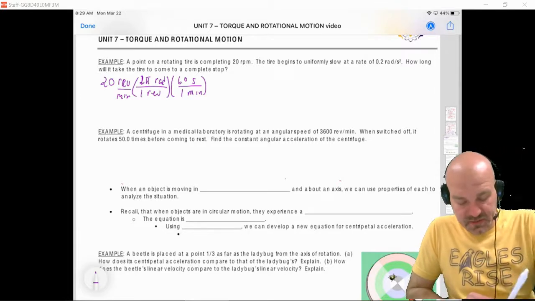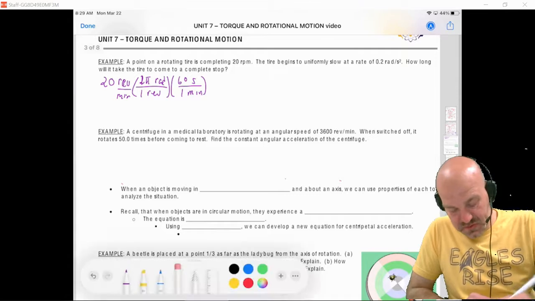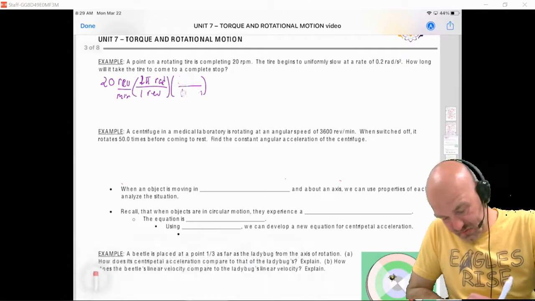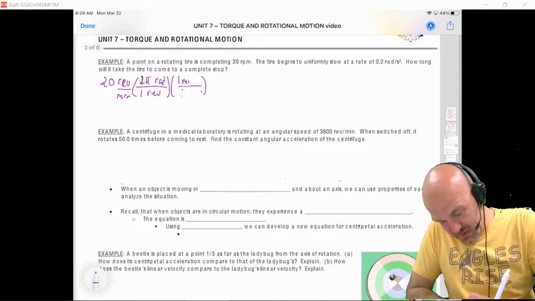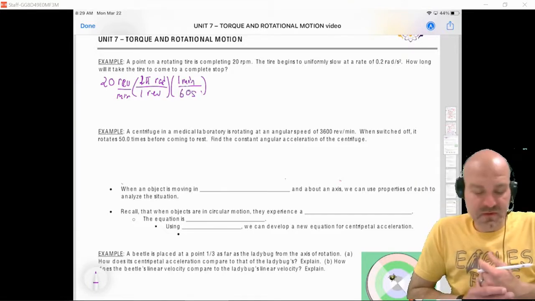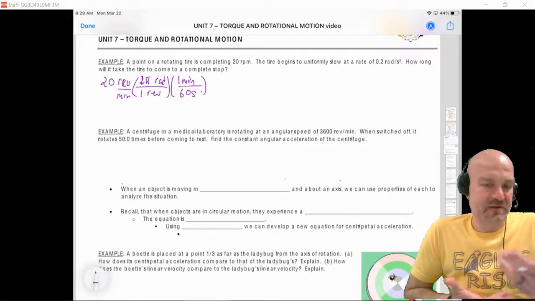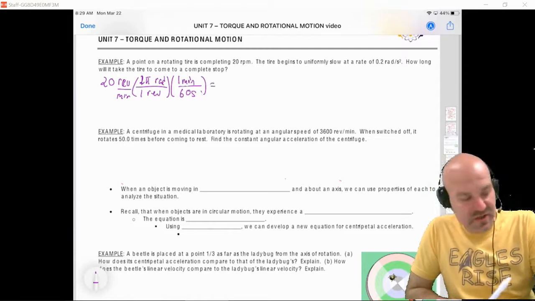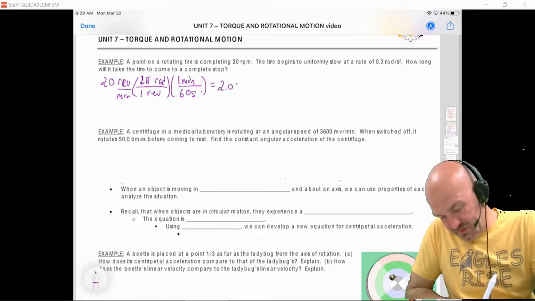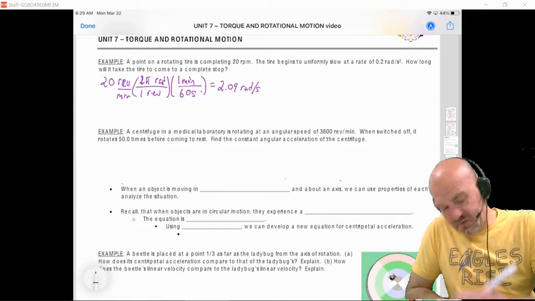Sorry, I have this backwards. This should be flipped. So 1 minute is 60 seconds. We multiply 20 by 2 pi, which is 40 pi, which is about 120, and divide by 60 seconds. And so our initial angular velocity will be 2.09 radians per second.